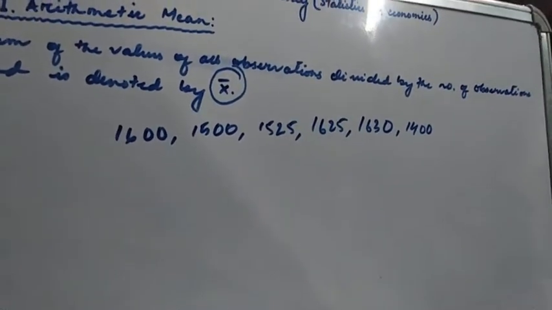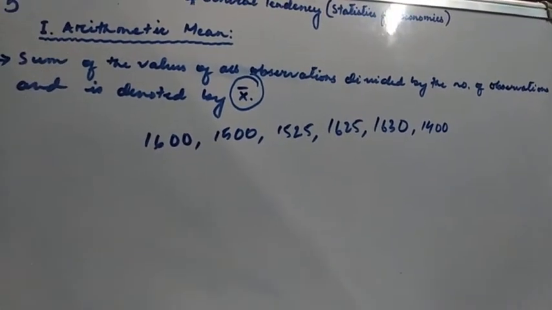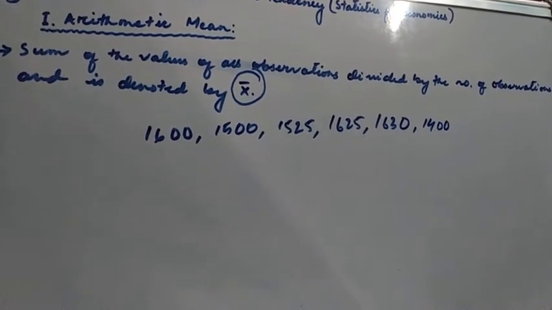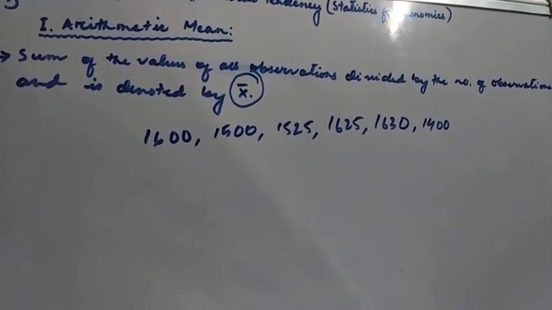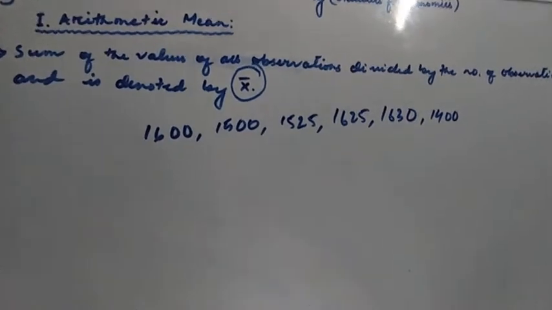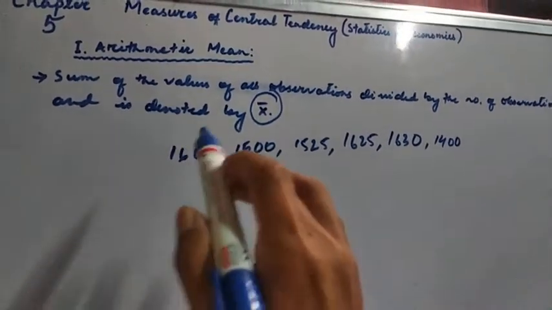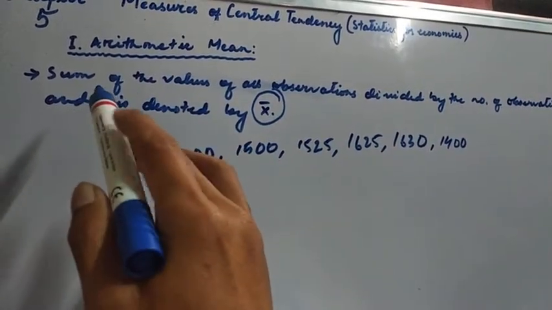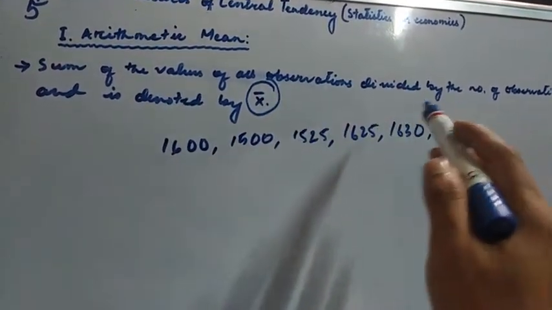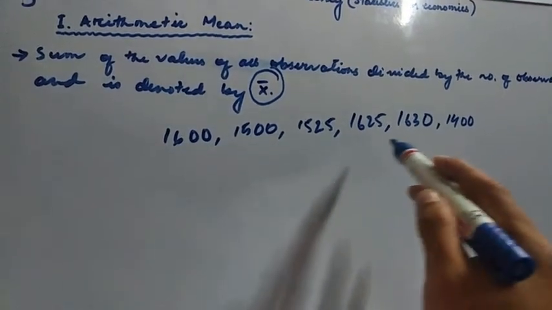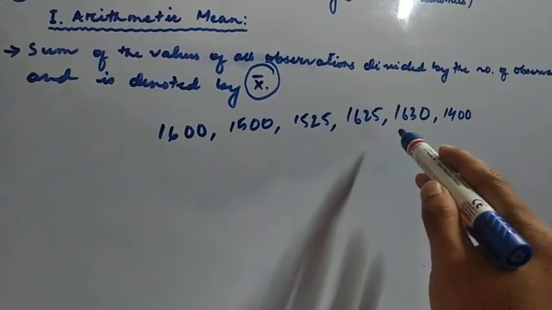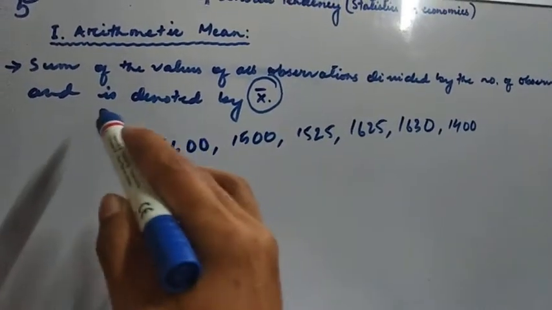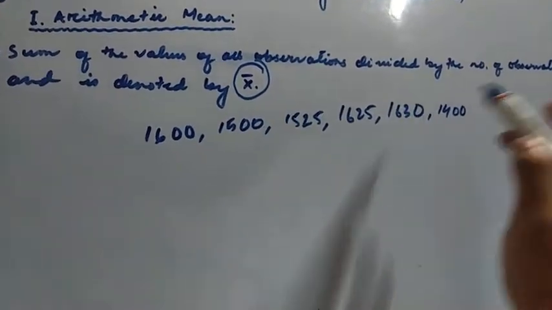So how do we calculate the arithmetic mean for this monthly income of 6 families? By arithmetic mean, we mean the average. According to the definition, we add up all these values of observations and divide by the number of observations, which is 6.